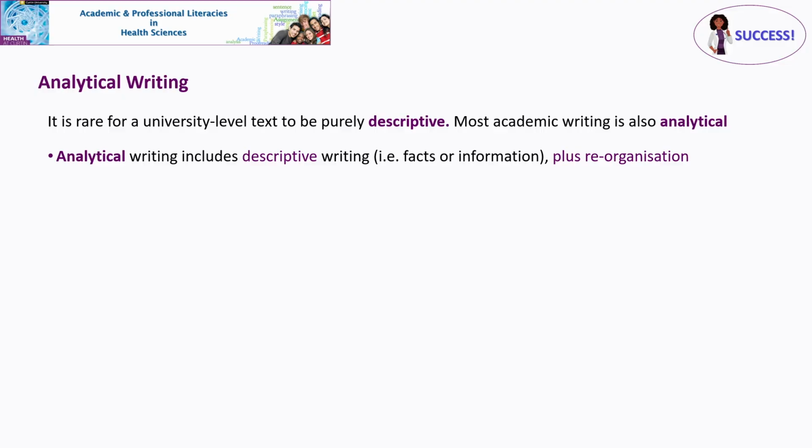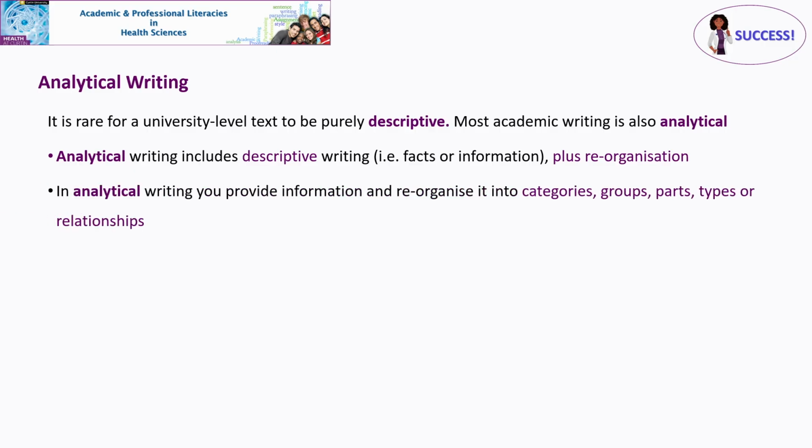So analytical writing obviously requires that description, but we then reorganize the information to focus on our topic. In many cases, we reorganize the information to align with our needs in different categories or groups or parts or types or relationships.